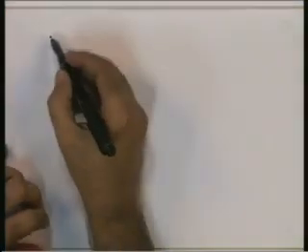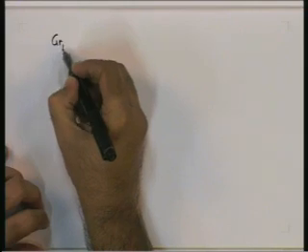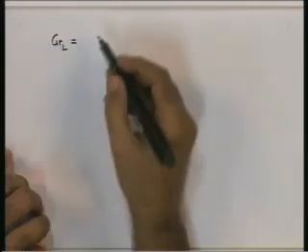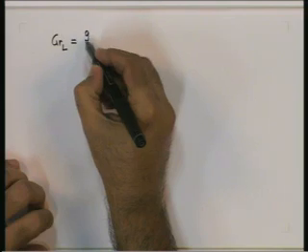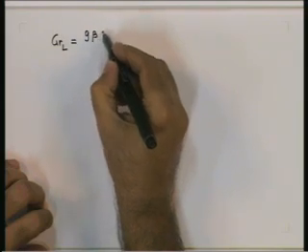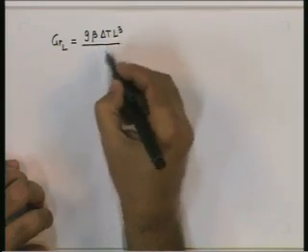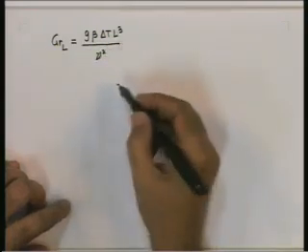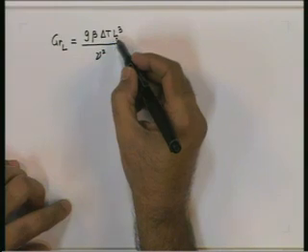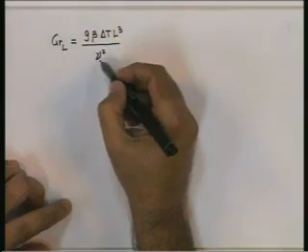With all the properties computed, we will calculate the Grashof number based on the vertical extent L, g beta delta T L cube by nu squared. We know L, we have determined beta and nu.